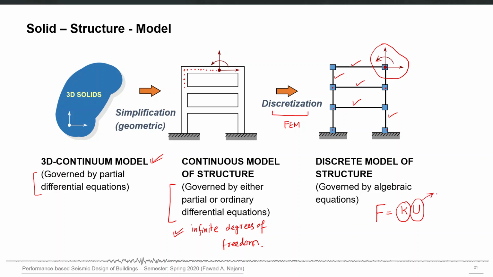You should note that these displacements will only be associated with the number of degrees of freedom, and the unknown displacements at each degree of freedom will be calculated. That's how we can convert a three-dimensional continuum model into a discrete model of a structure, and this discrete model will have a finite number of degrees of freedom.